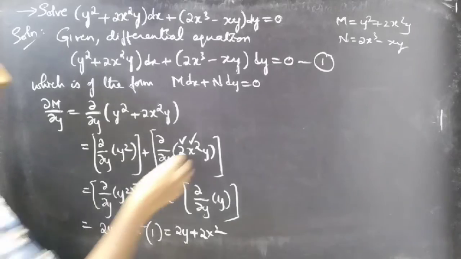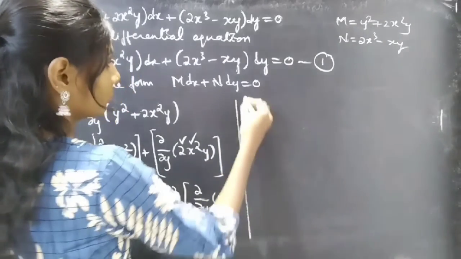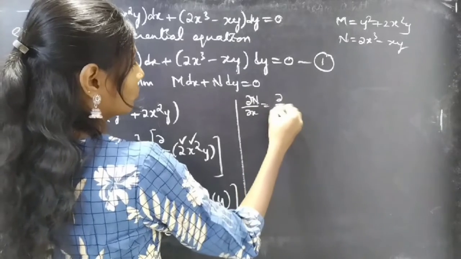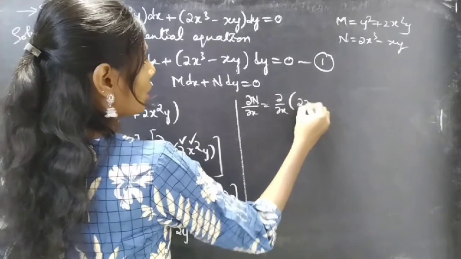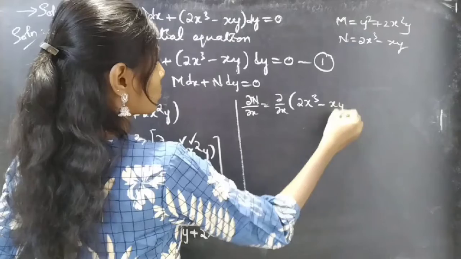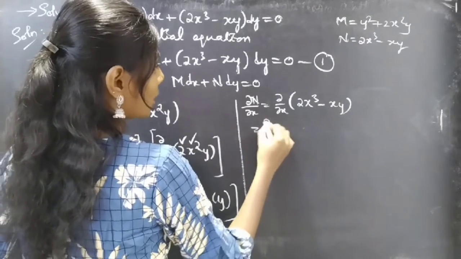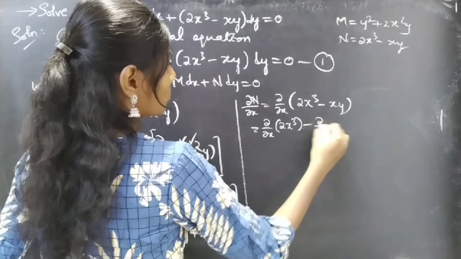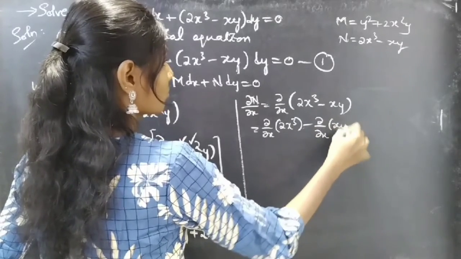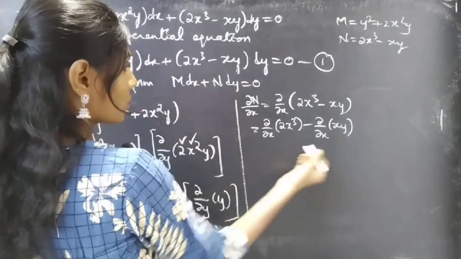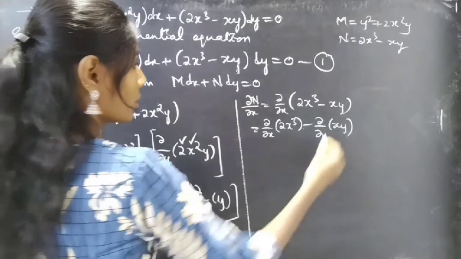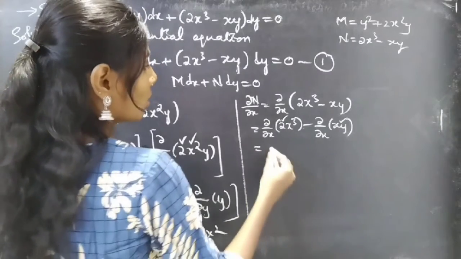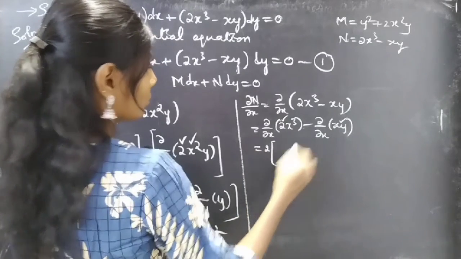Let's now find the partial derivative of N with respect to x. N is 2x³ − xy. This equals the partial derivative of the first term minus the partial derivative of the second term. Here we are differentiating with respect to x, so y is treated as constant. Here 2 is constant, and y is constant in the second term, so let's write them outside the brackets.